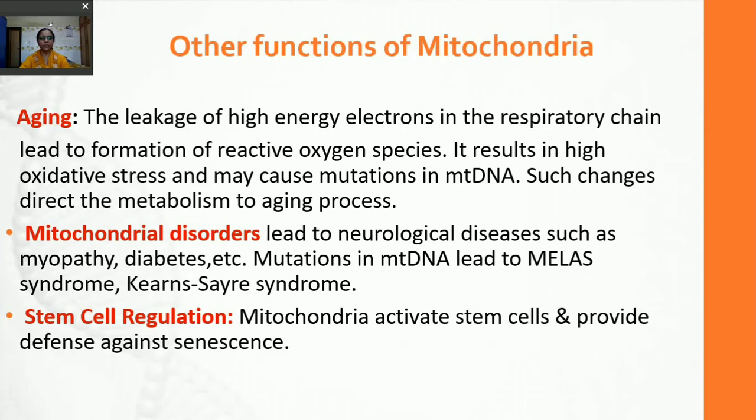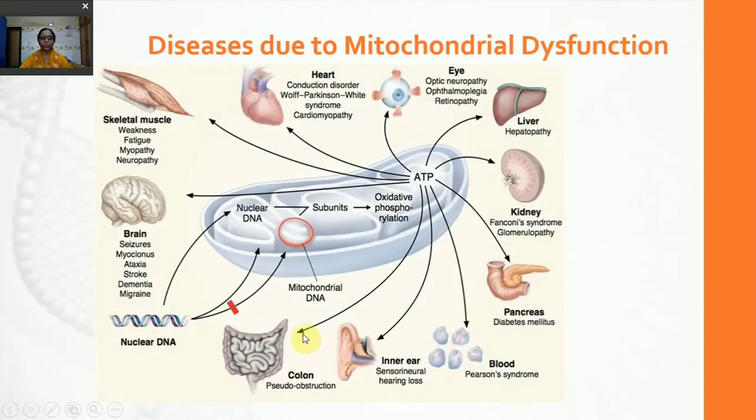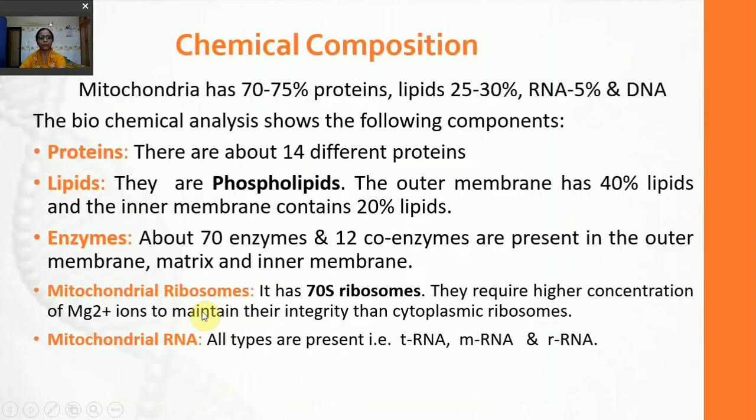Such changes direct the metabolism to aging process. Some of the mitochondrial disorders are Miller syndrome, Kearns-Sayre syndrome. Stem cell regulation. Mitochondria activates stem cells and provide defense against senescence. These are some of the mitochondrial diseases caused due to the dysfunction of mitochondria in human beings.